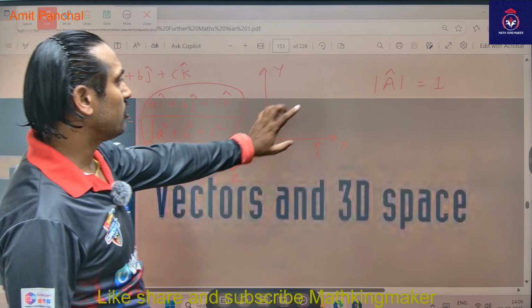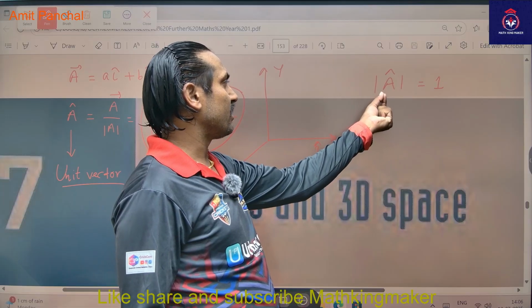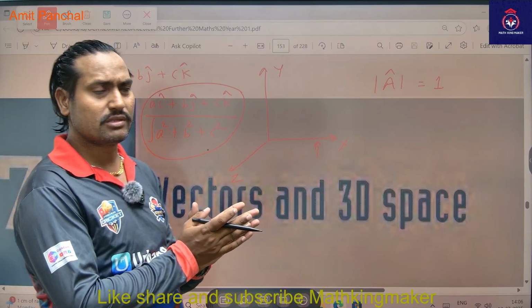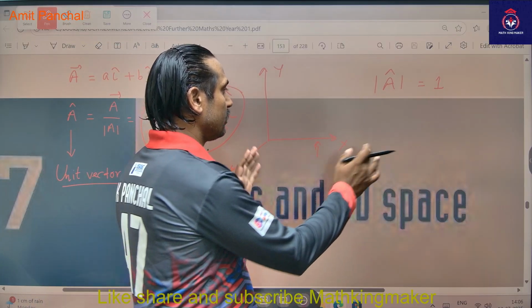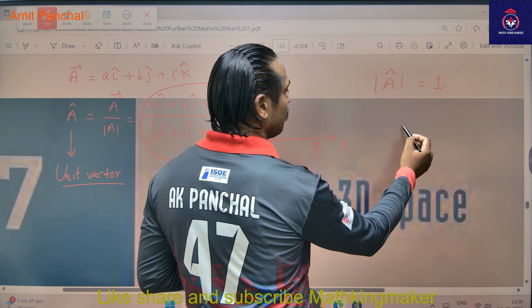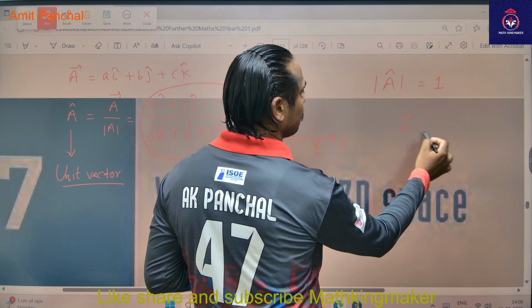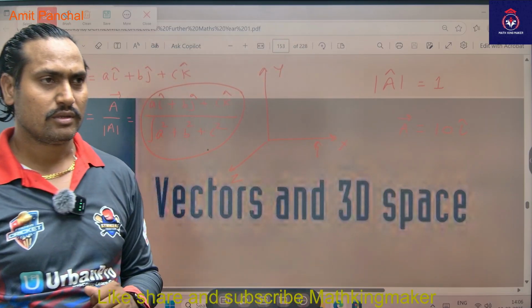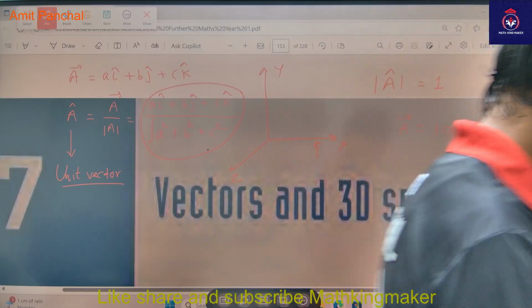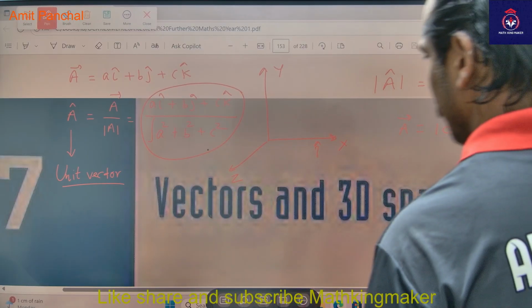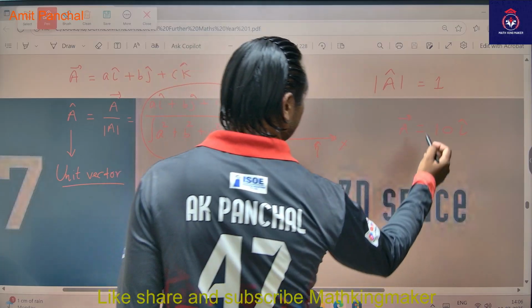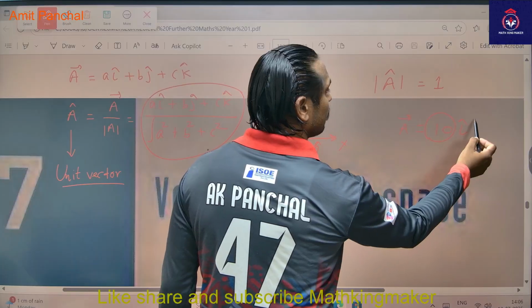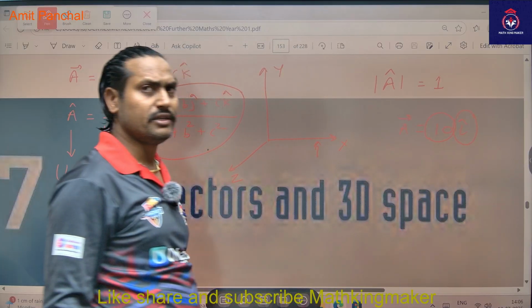So if I am writing a vector as 10i, what does it mean? It means its magnitude is 10 units in the direction of i.